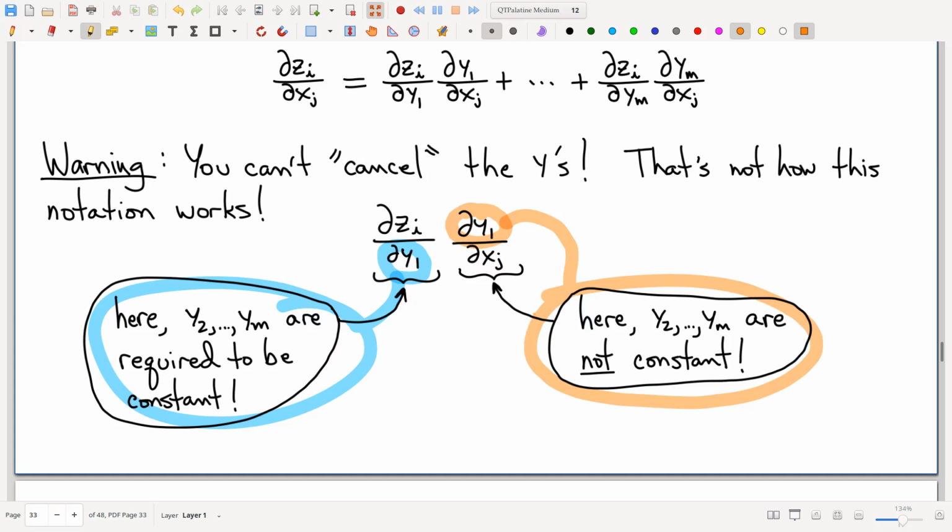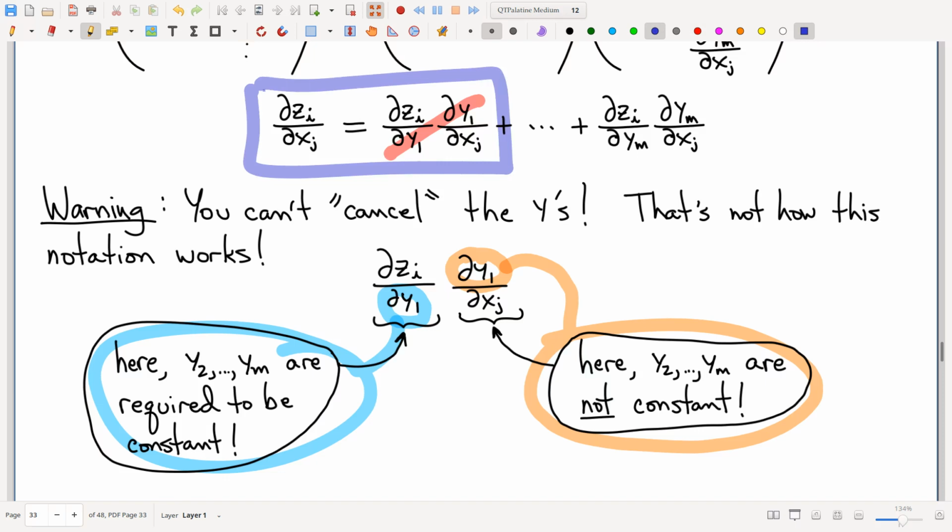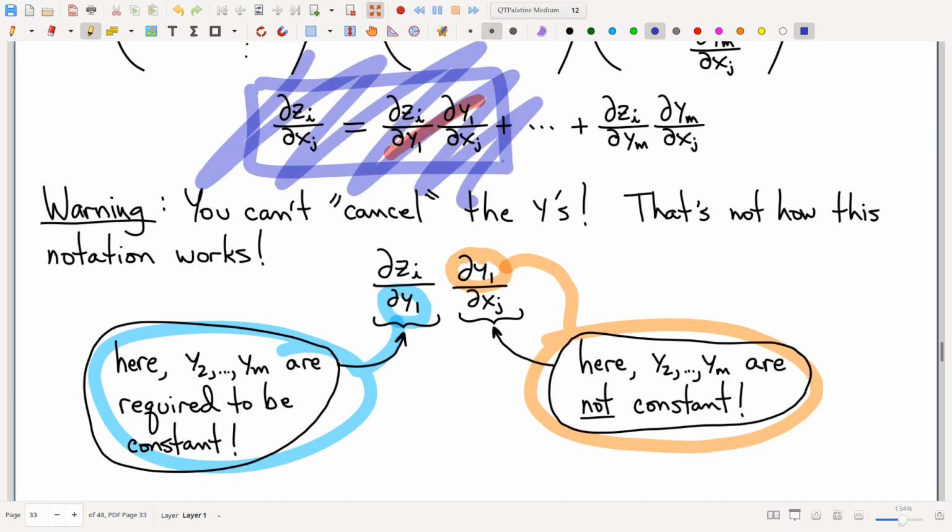So make sure to understand this nonsense where you cancel like that and then conclude that this is true is garbage. Again, superficially it looks good, but when you actually dig down and understand what these things actually are, what they're actually representing, it's completely meaningless. It's garbage, right?